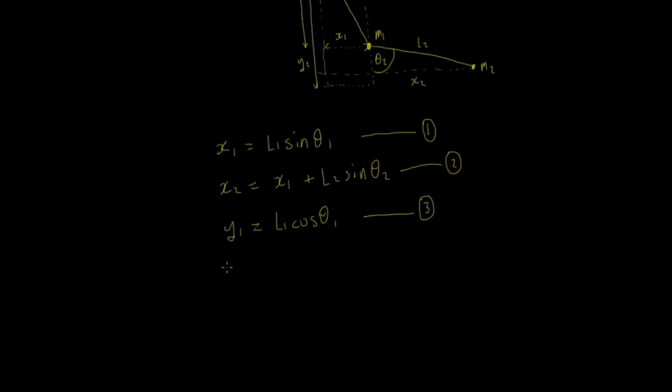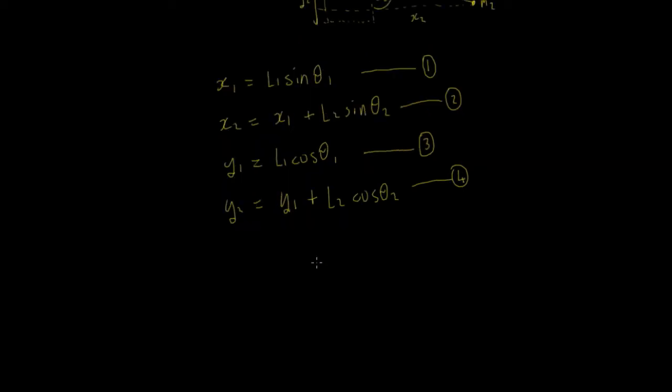So we can say that y2 is going to equal y1 plus that extra distance there, which is going to be L2 times the cos of this angle theta 2. So it's going to be L2 cos of theta 2. So we'll call that equation number 4. Okay, so these equations here are reasonably straightforward.